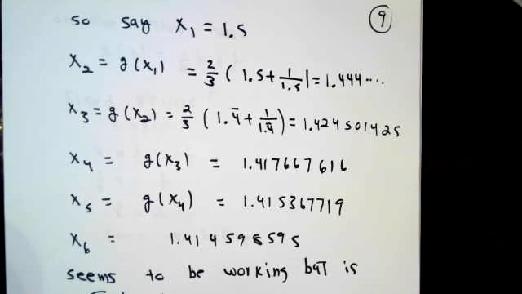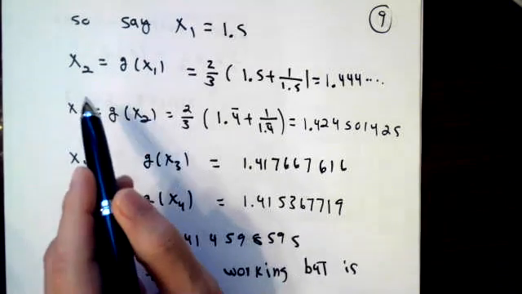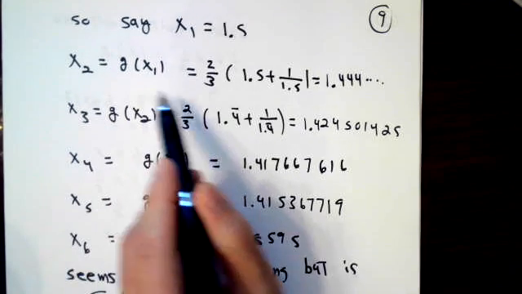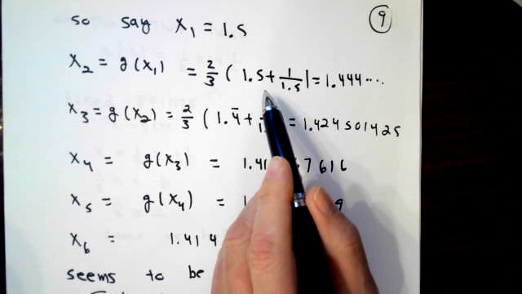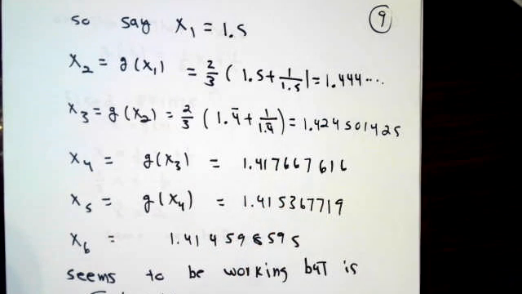If I do fixed point iteration based on the function that we were just speaking of, if I take x1 to be 1.5, then x2 is g of x1, which is 2/3 times 1.5 plus 1 over 1.5.